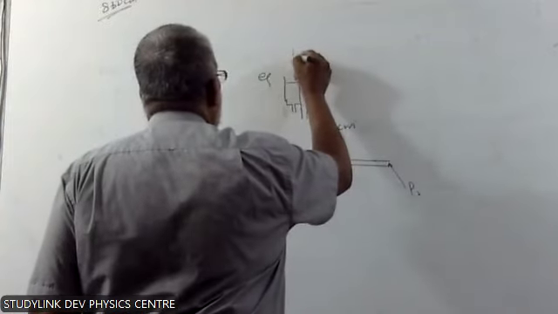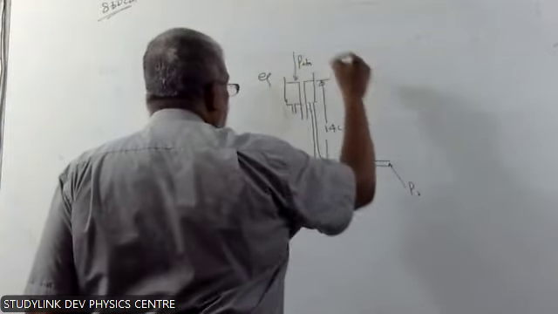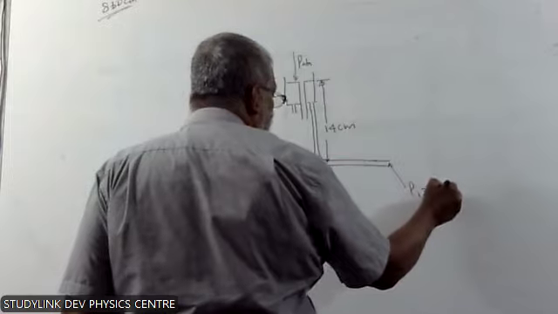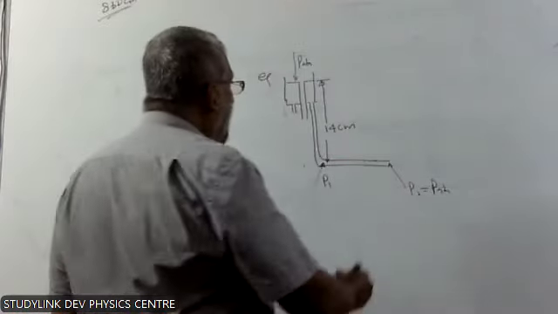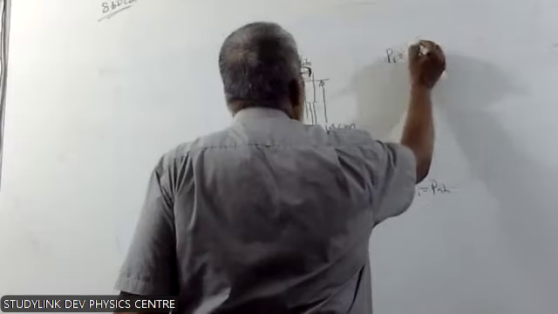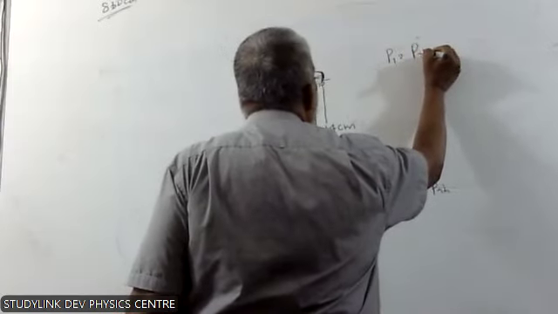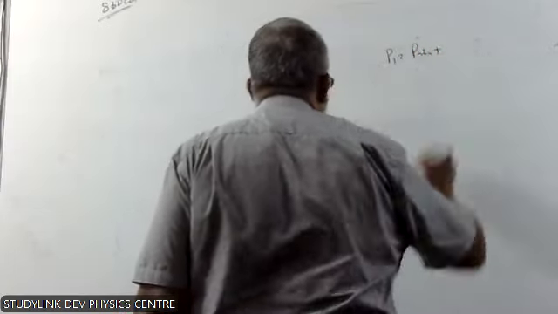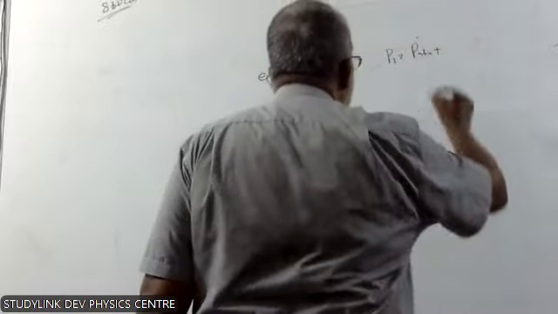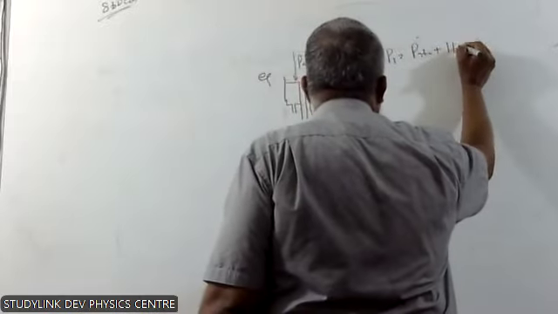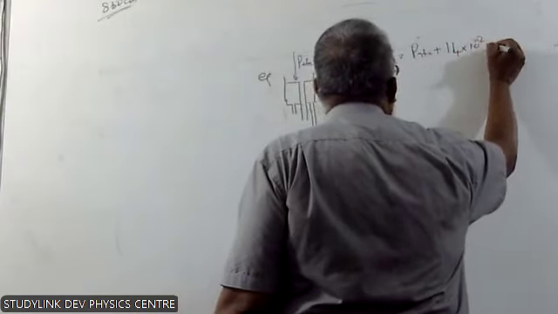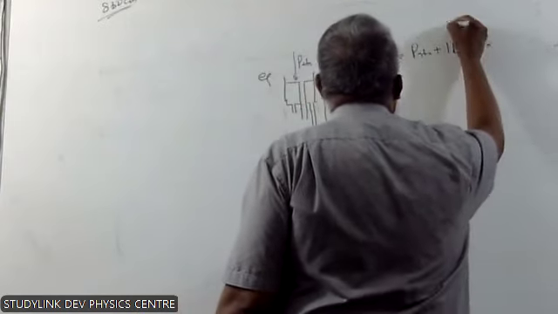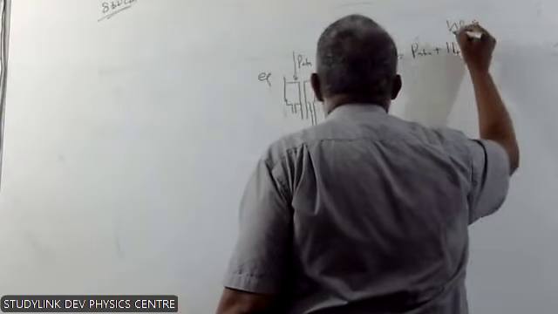Here you know that PATM is acting. P2 is equal to PATM. I showed it early. Then P1 is equal to PATM plus H rho G. This is water: 14 into 10 to the power minus 2 into H rho WG.